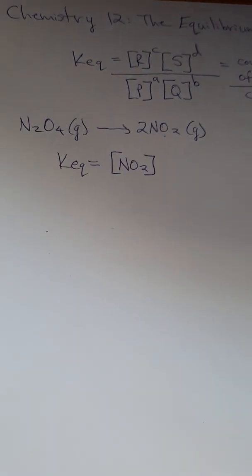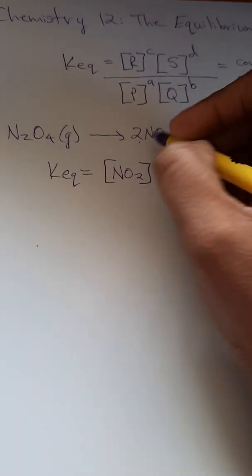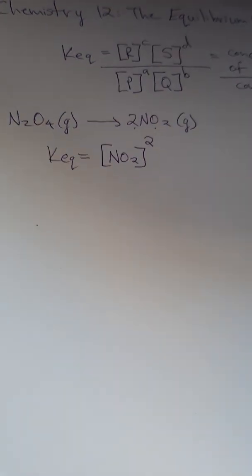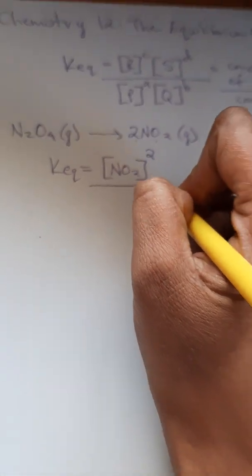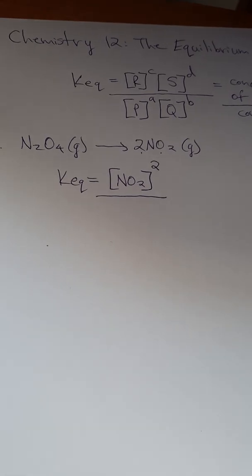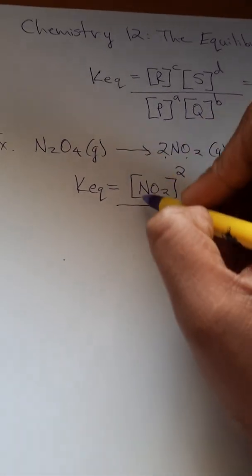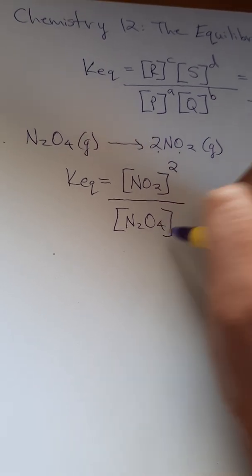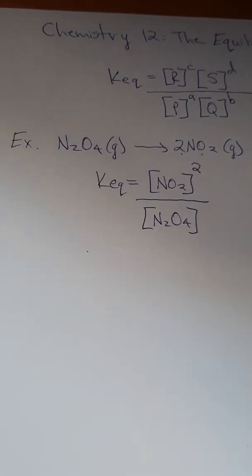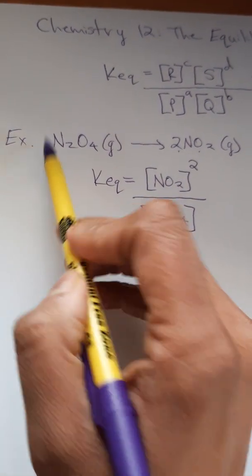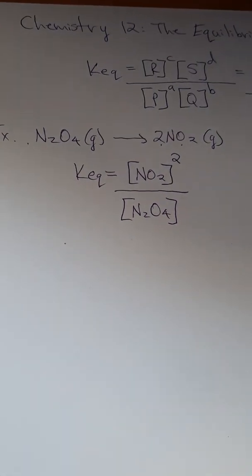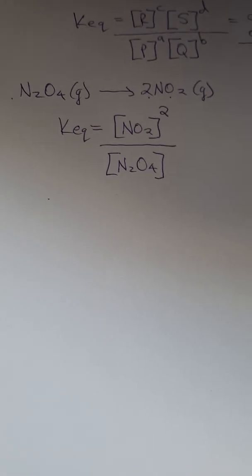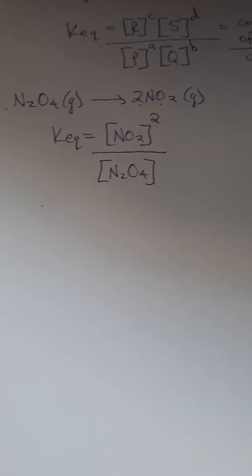Notice how there's a 2 in front here. The 2, or the coefficient, just represents the exponent within the expression. It's going to be over the reactant, the concentration of N2O4. There's nothing in front here, just a 1, so I'm going to leave the exponent as 1. That's what the expression for the equilibrium constant is in this case.